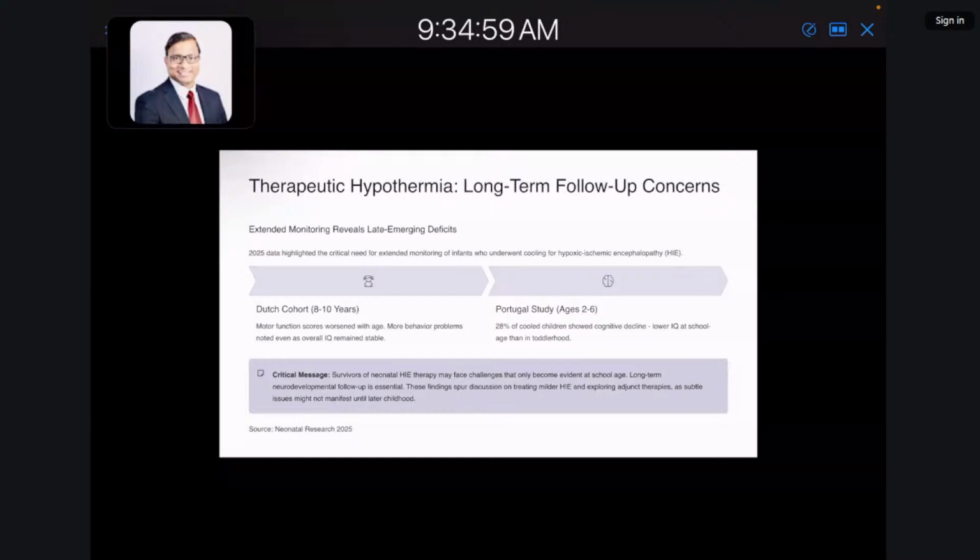Then for HIE long-term outcomes, extended follow-up after therapeutic hypothermia showed that survivors may face late-emerging cognitive and motor challenges at school age, highlighting the need for ongoing follow-up.